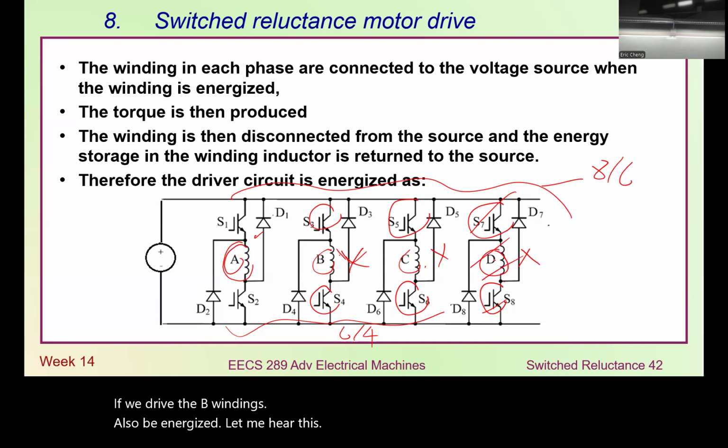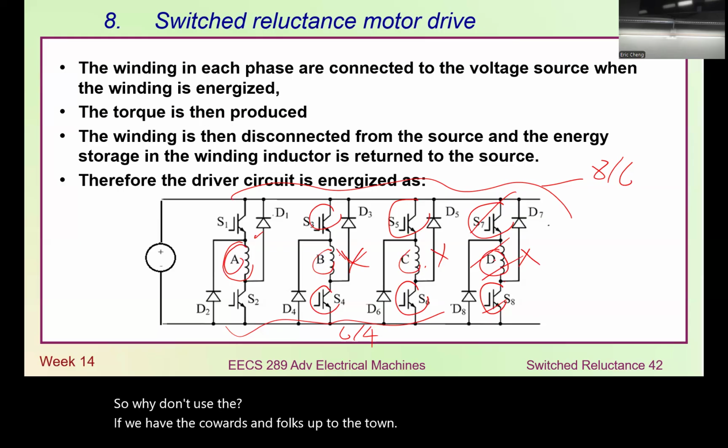So for this purpose, using this diode, I think is to reduce the current. So we don't use the anti-parallel. Maybe use this way, we can tolerate the current from up to down.